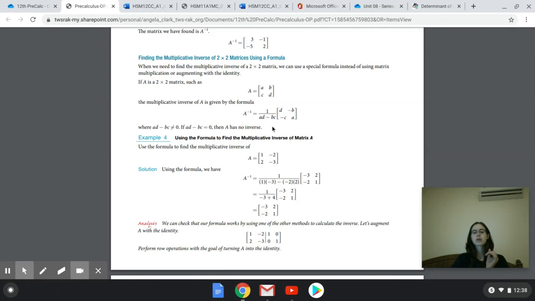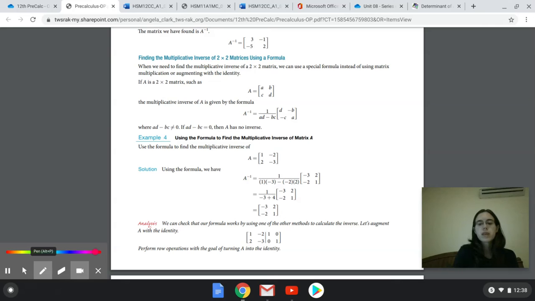So first of all, let's talk about the determinant. The determinant of a 2x2 matrix is AD minus BC. It's called the determinant, and basically it's this diagonal multiplied together minus this diagonal multiplied together. So see that it's AD minus BC.